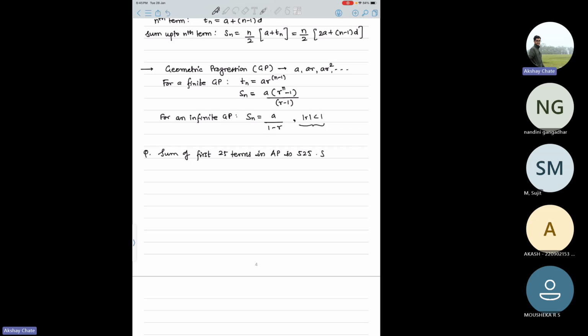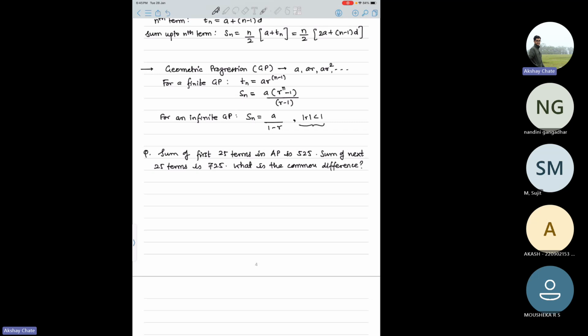Sum of next 25 terms is 725. What is the common difference? Okay, this is the question.